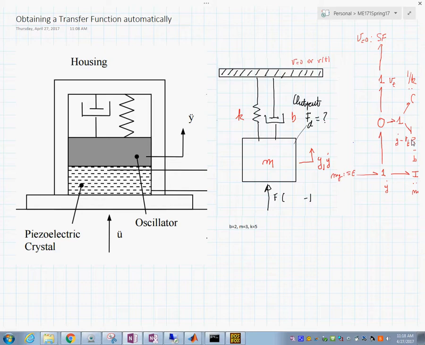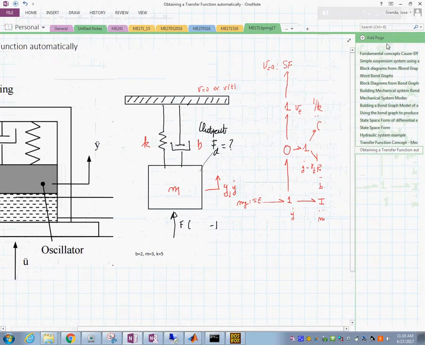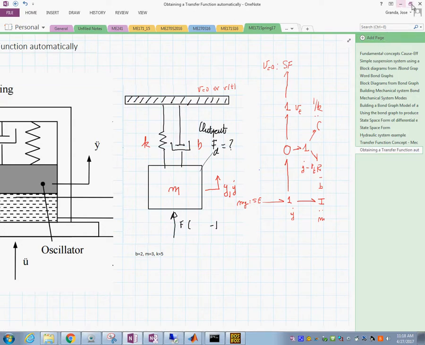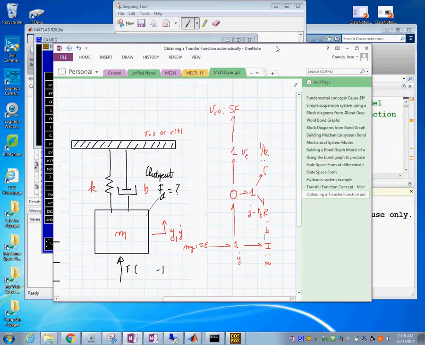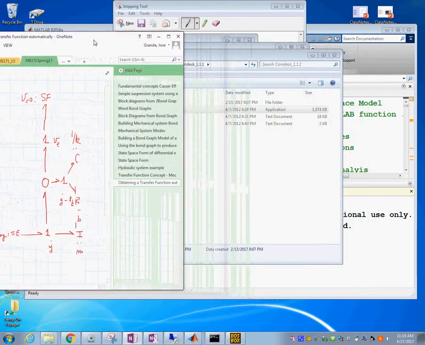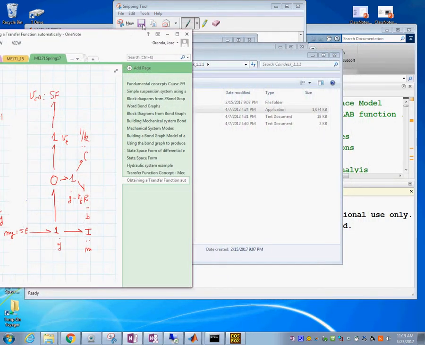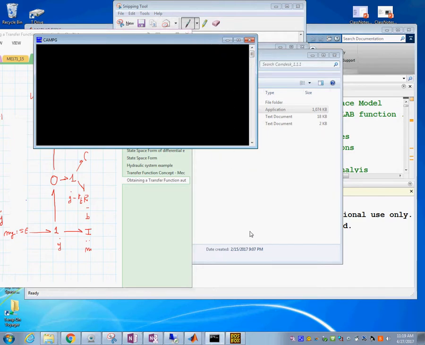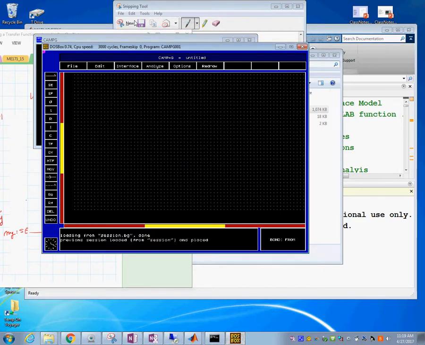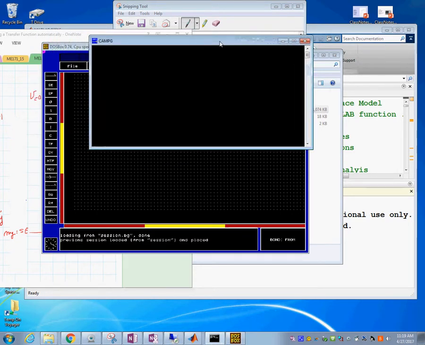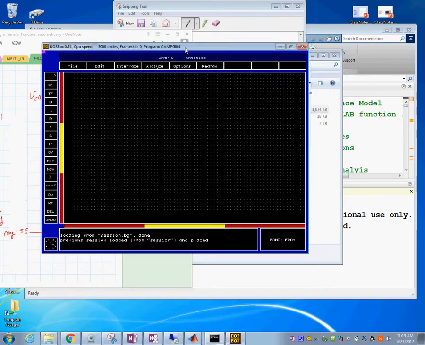So I think that we should go to the CAMG software and enter this bond graph model. I am going to have this model here on the left hand side, and I go to the CAMG window here, and I'm going to create the model.